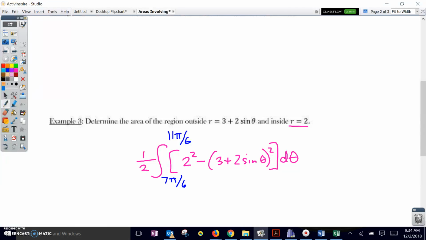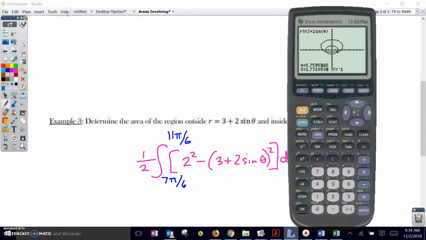And so there's our integral that we're going to use to find the area inside that region. Alright, so let's go ahead and we'll take 1/2 times the integral of 2 squared minus the quantity 3 plus 2 sine of theta squared with respect to theta from 7 pi over 6 to 11 pi over 6.